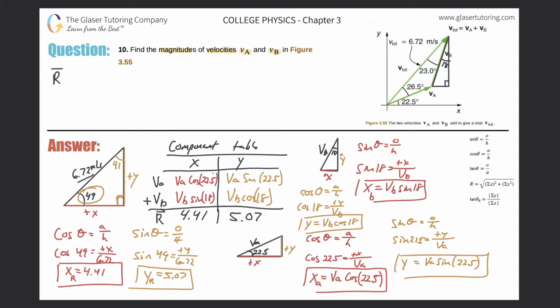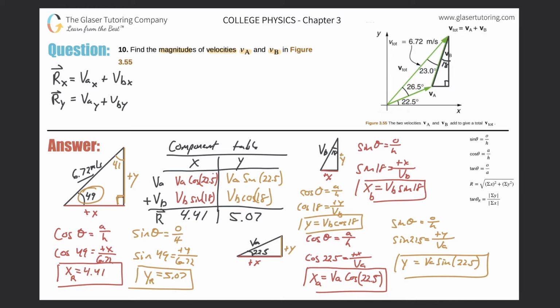So the resultant vector's x component should equal the vector A's x component plus vector B's x component, right? I'm just simply looking at this particular column of my table. And same thing here. I can take now my resultant y component and say that it should be the VA y component plus the VB y component.